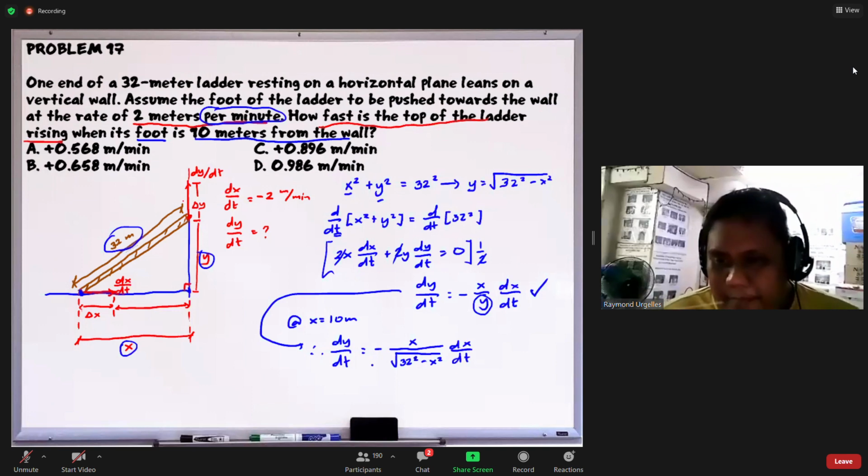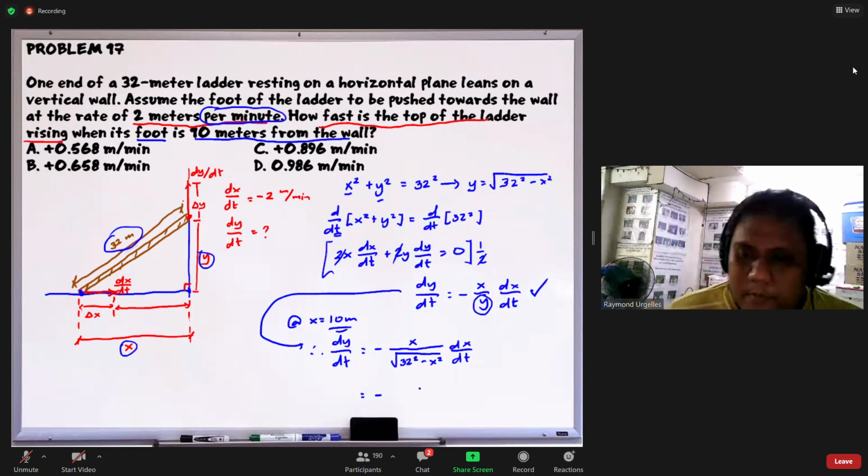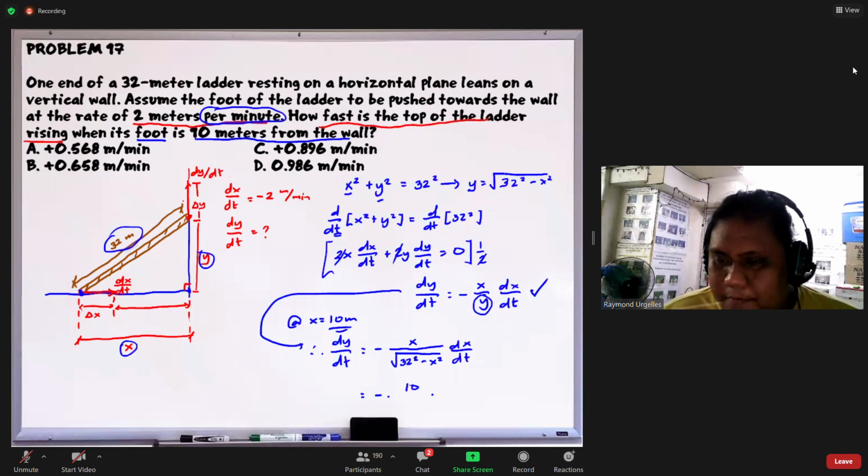So substitute natin yung mga alam nating value. Ano yung x natin? So x is 10 meters. So it's 10, divided by square root of 32 squared minus 10 squared, and yung dx/dt natin is negative 2 meters per minute.